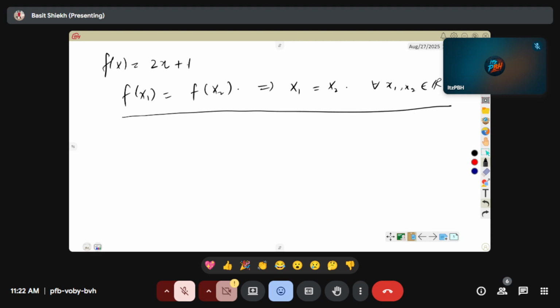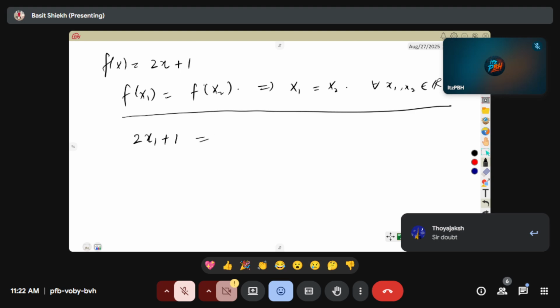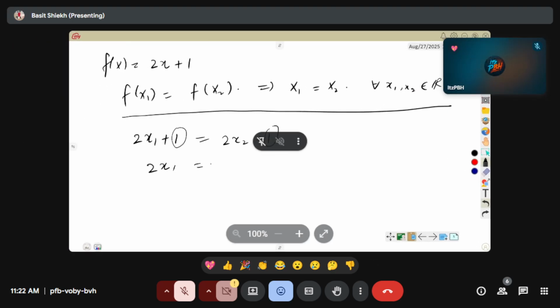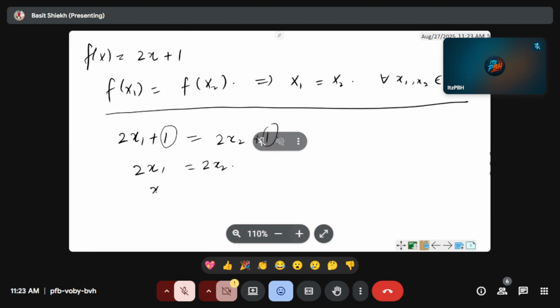Let's consider f of x1. f of x1 will be twice x1 plus 1 and f of x2 will be twice x2 plus 1. Now can I cancel this one and this one? Yes, twice x1 equals twice x2. Now dividing both sides by 2, we get x1 equals x2.